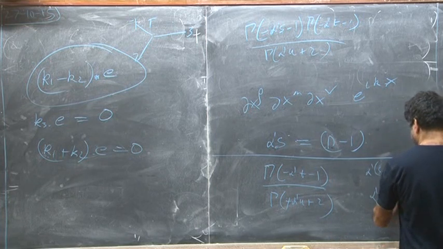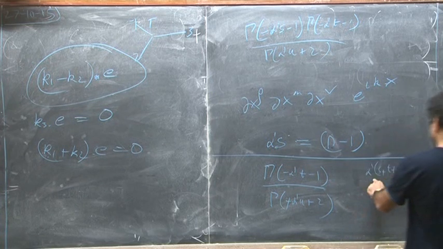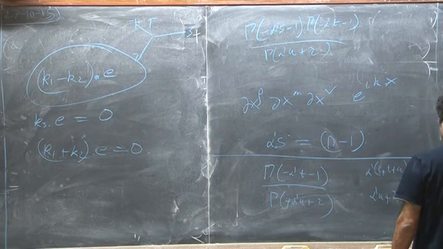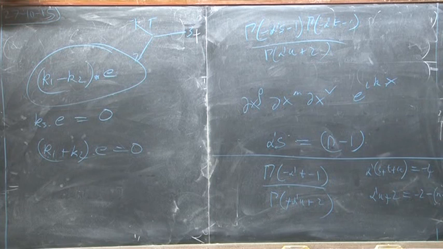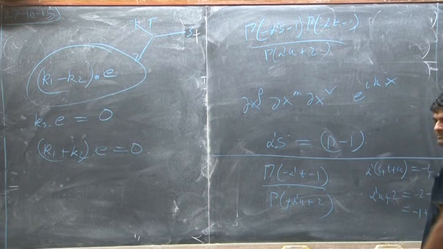Let's say alpha prime u plus 2 is equal to minus 2, minus alpha prime s, n minus 1, which is equal to minus 1 plus n minus 1.